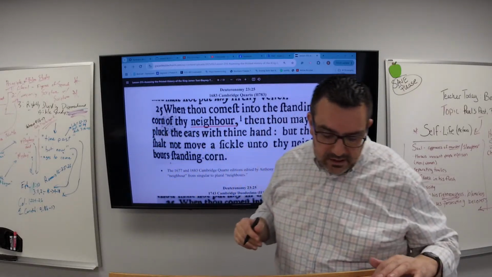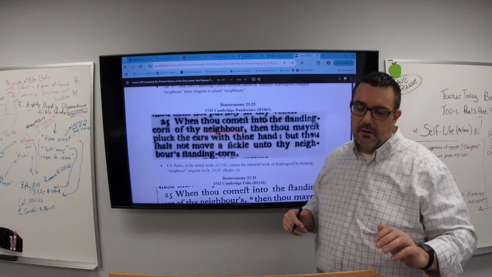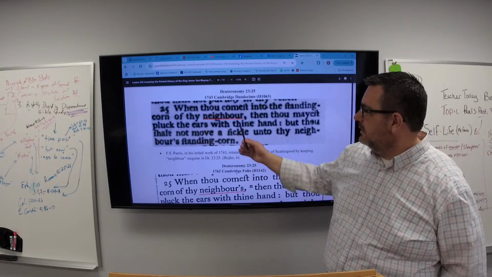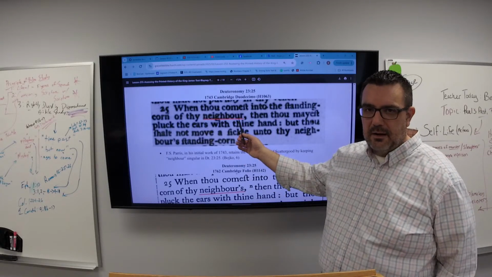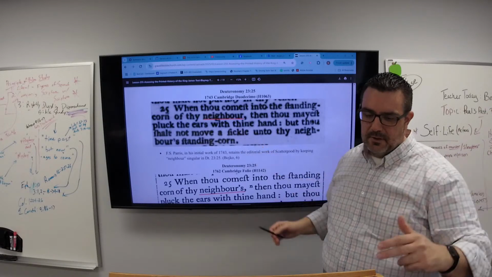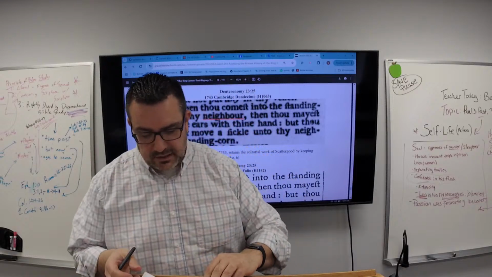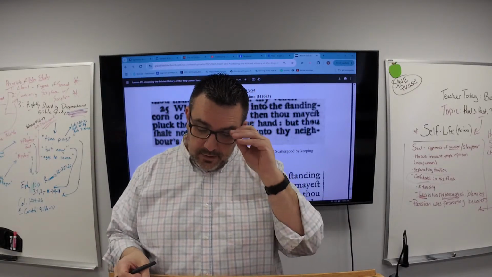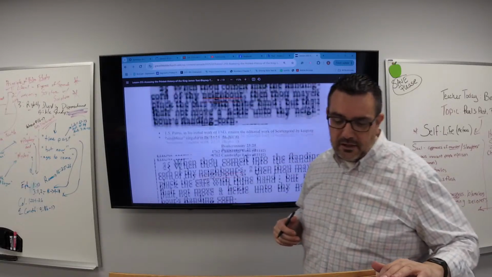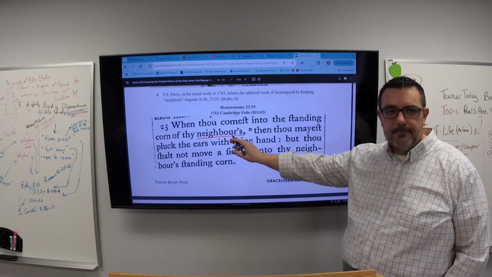Look at the 1743 Cambridge Duodecimo. So this is Paris's first run. And notice, what does it say? Neighbor. So does he retain Scattergood's change? Okay? So F.S. Paris, in his initial work of 1743, retained the editorial work of Scattergood by keeping neighbor singular in Deuteronomy 23:25. And then look at his 1762 folio. Now all of a sudden he says what?